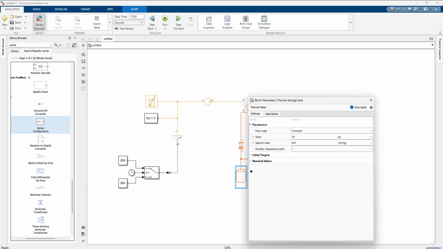Or even we can increase the volume of the water inside this tank. Set the value of 100 kilogram. And also I forgot to change this. This is the specific heat, it's for the water. It's in joule per Kelvin kilogram.